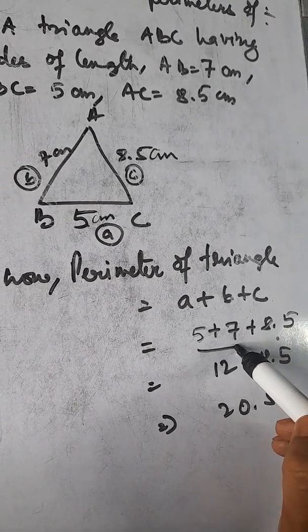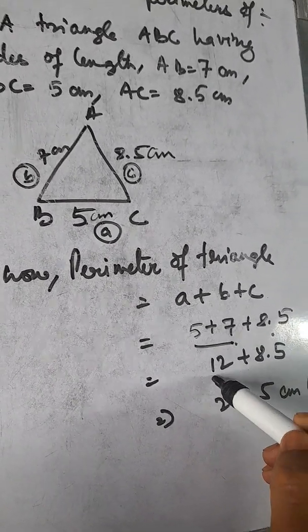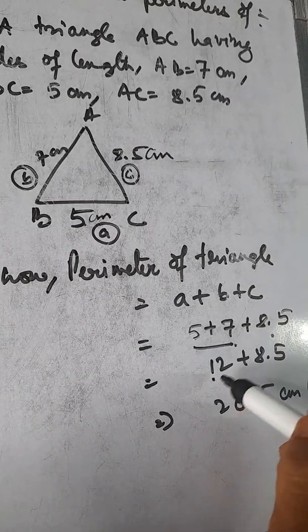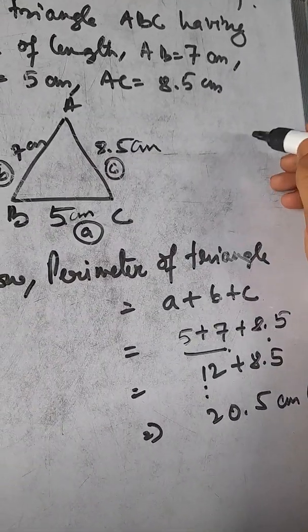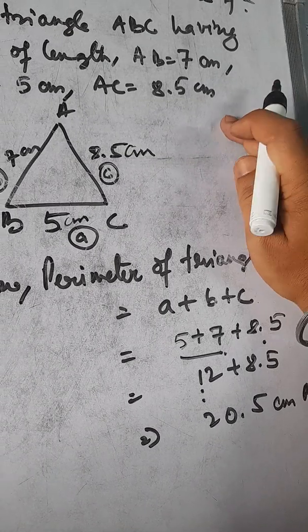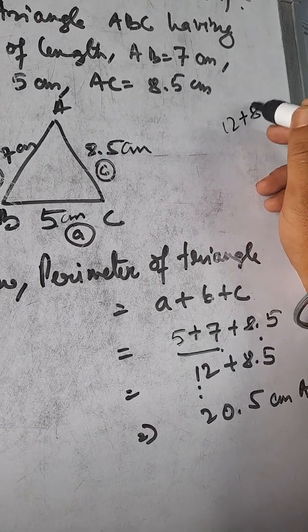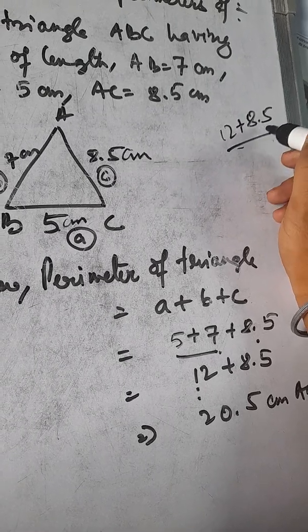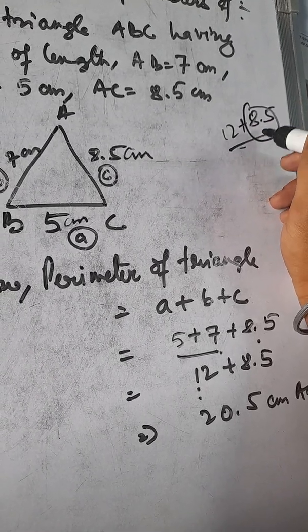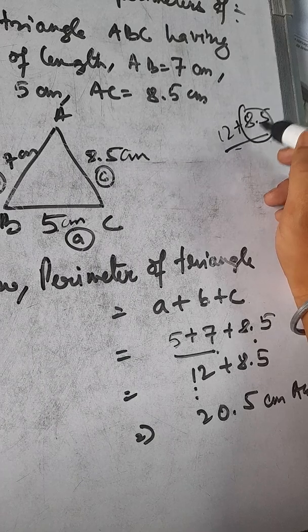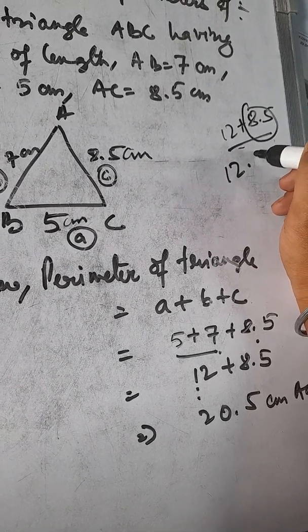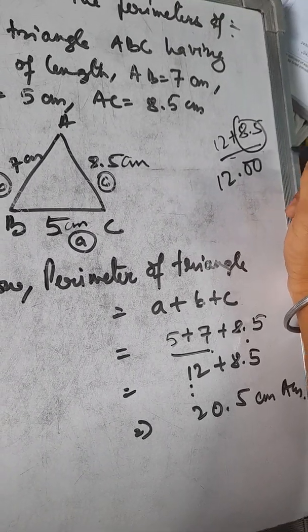First we'll add the numbers which are not in decimal. 5 plus 7 is 12. Then one of the two numbers, 12 and 8.5, is in decimal. As we know, if a 0 comes after the decimal, it has no value.